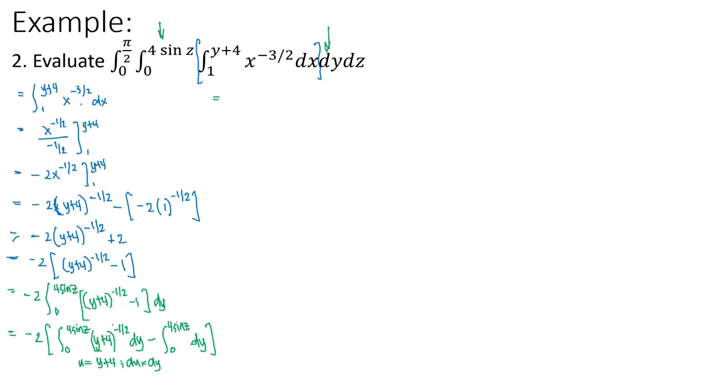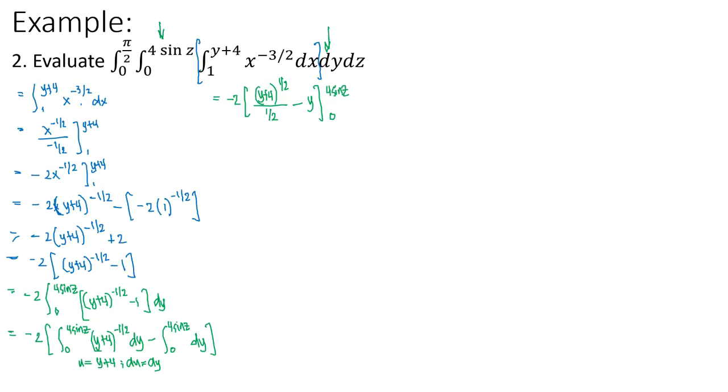So, we have negative 2 times y plus 4, negative 1 half plus 1, that is positive 1 half over 1 half, minus this one would be y, that is again from 0 to 4 sine z.